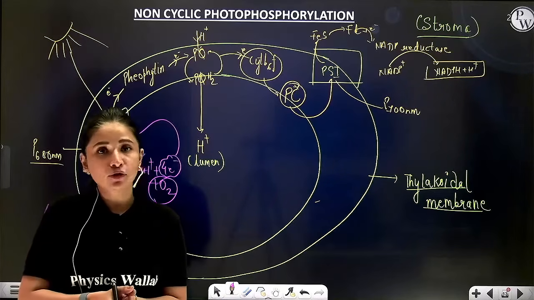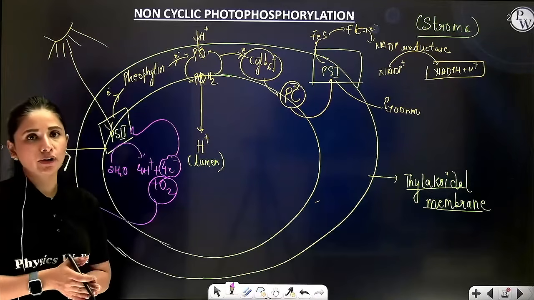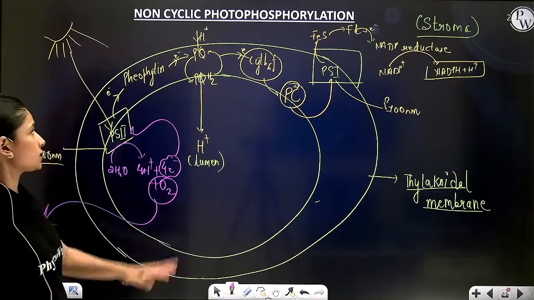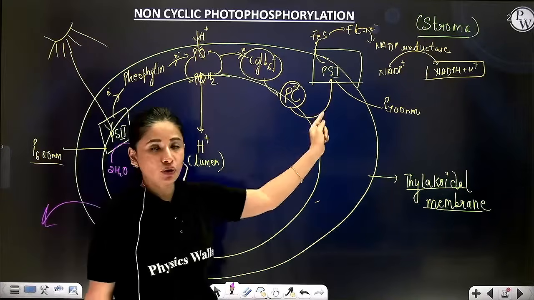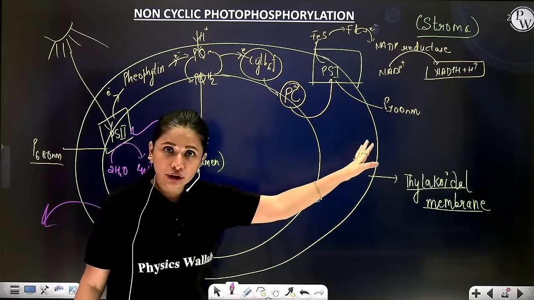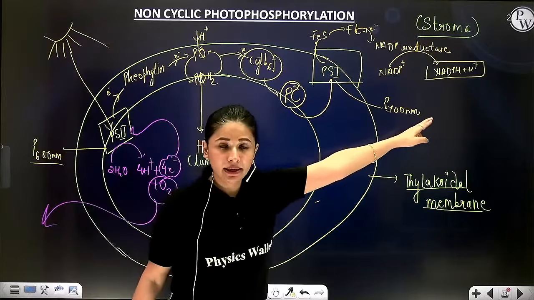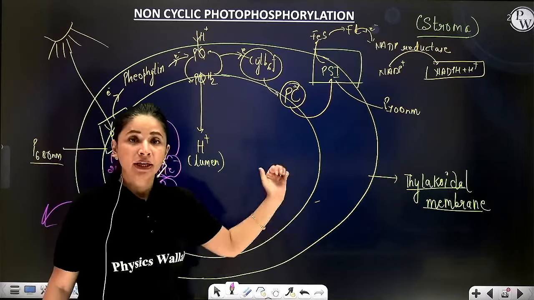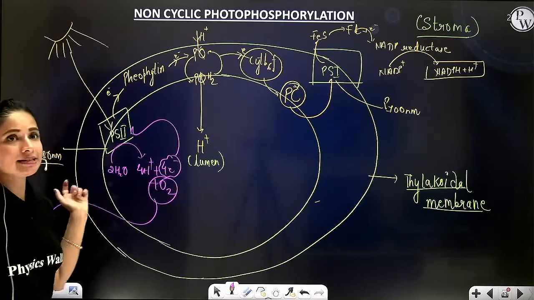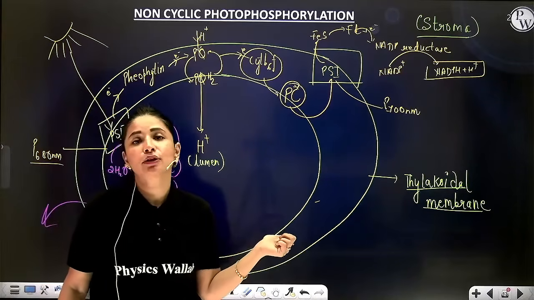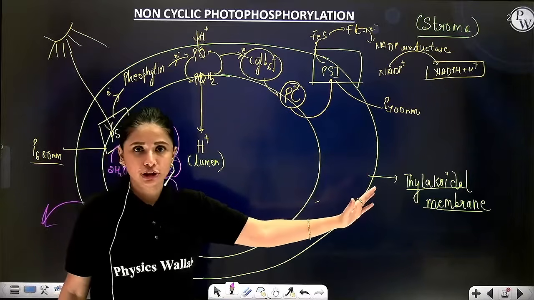For non-cyclic photophosphorylation, there's non-cyclic flow of electron between the two photosystems, that is PS2 and PS1, with the help of various electron carriers in order to generate energy intermediates like NADPH2 and ATP. Meanwhile, this water splitting also takes place that releases oxygen, which is one of the byproducts of photosynthesis. This is how light reaction proceeds.